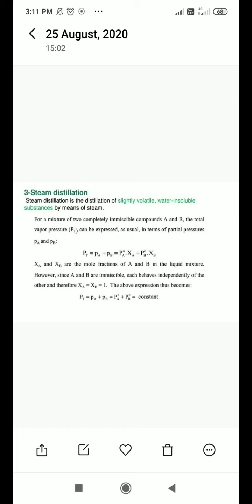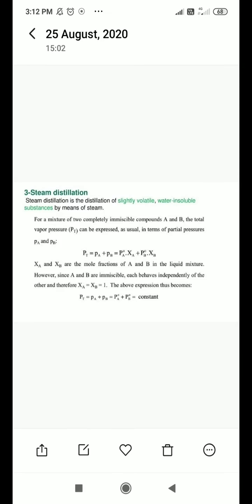XA and XB are the mole fractions of A and B in the liquid mixture. However, since A and B are immiscible, each behaves independently of the other, and therefore XA is equal to XB is equal to 1. The expression thus becomes PT is equal to PA plus PB is equal to PA0 plus PB0, a constant.